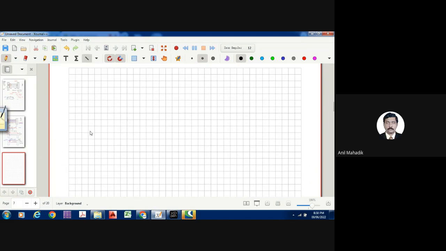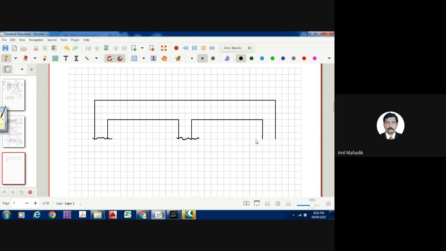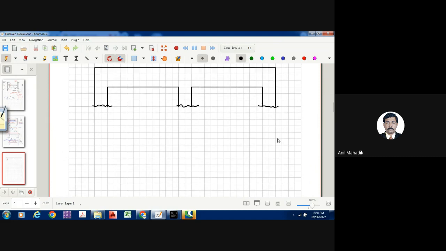When there is a continuous beam, let me draw that first. Two span continuous. Let's draw this. Let's say this is a two span continuous beam. Now, what will be the bending moment diagram for this? We are going to discuss bending moment diagrams, but as you are asking, let's discuss that also.